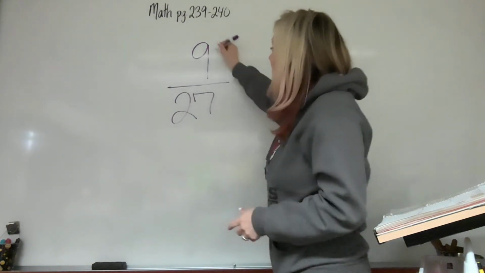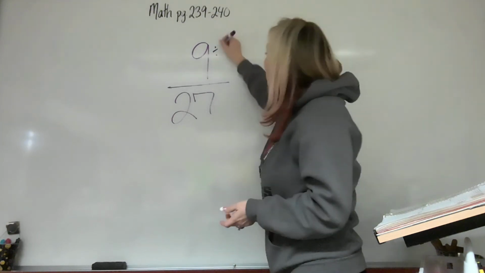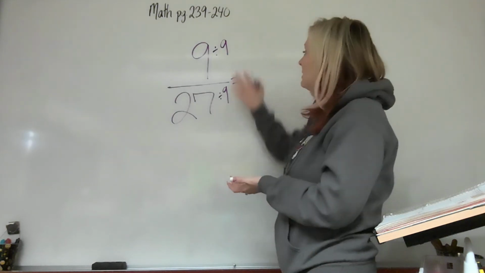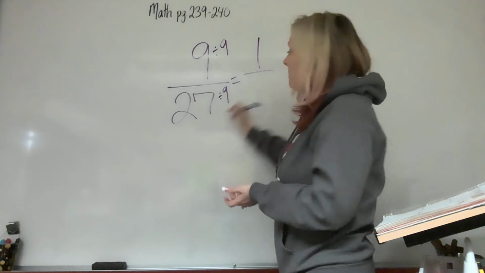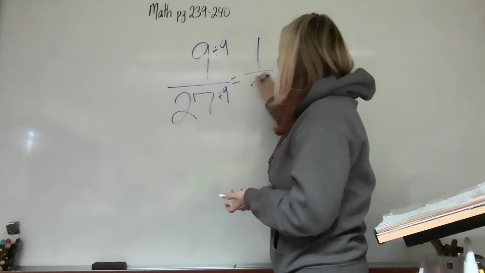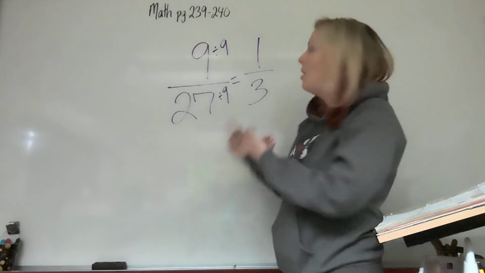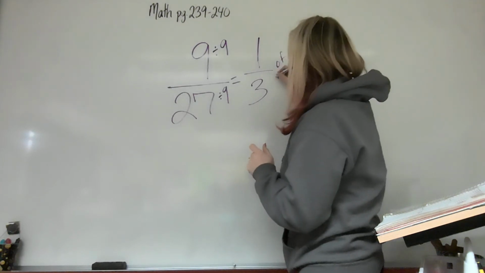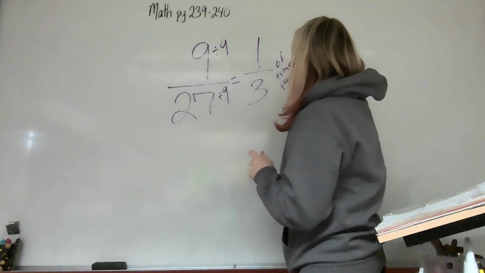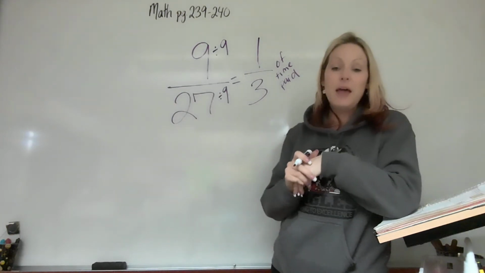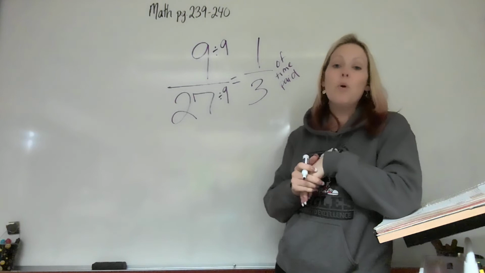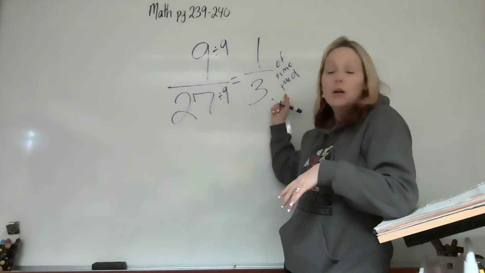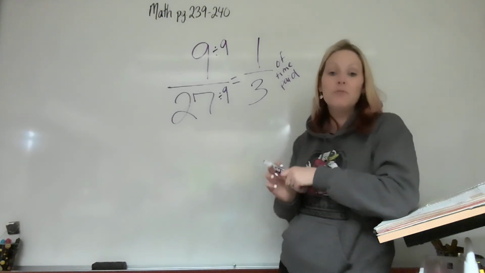So we look at this and know that 9 goes into 9 and it goes into 27. So we reduce by saying 9 divided by 9 is 1 and 27 divided by 9 is 3. So he only paid him 1/3 of the time. Well, I think Brian might be a little upset with that, right? He only paid him 1/3 of the amount that he was actually owed. So make sure you write your unit measurement in and go ahead and fill this into your book.